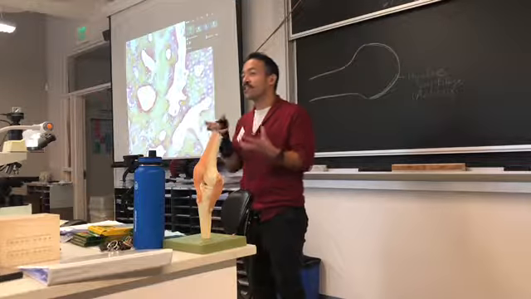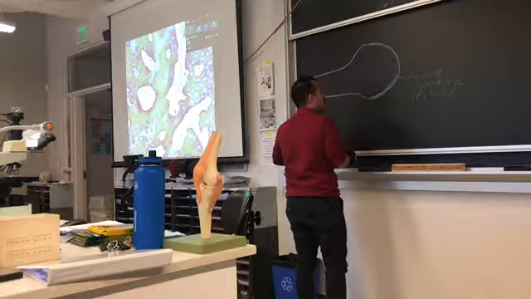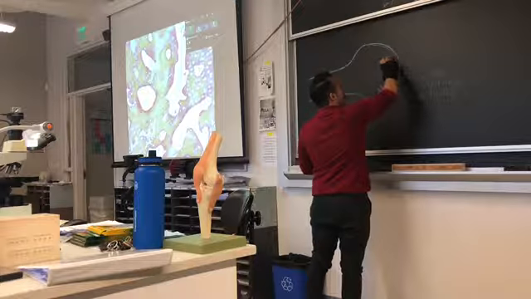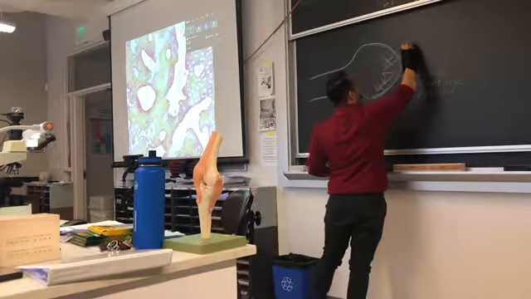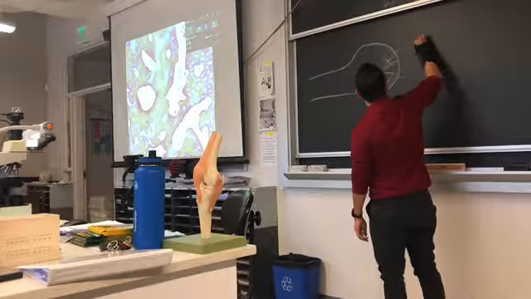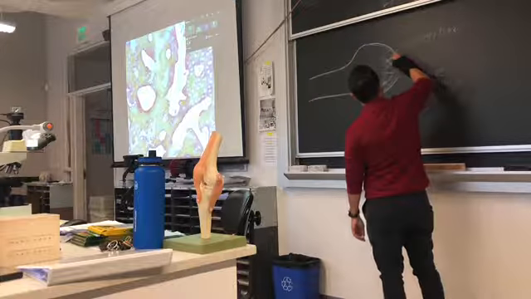What's the term for the branching? Trabeculae. And what kind of bone is it? Spongy bone. Trabeculae of spongy bone.